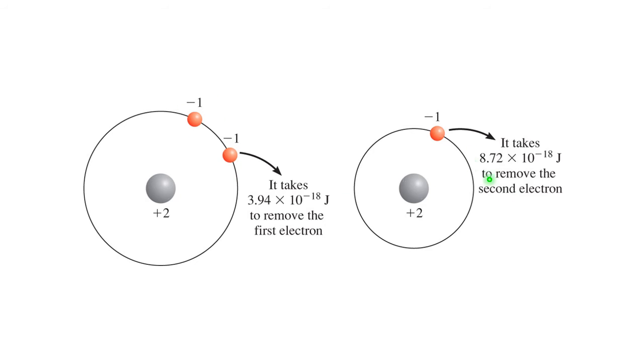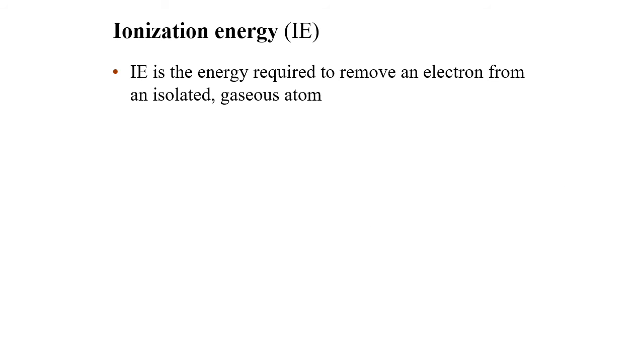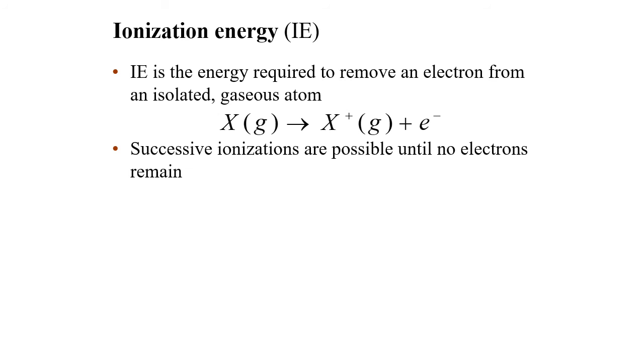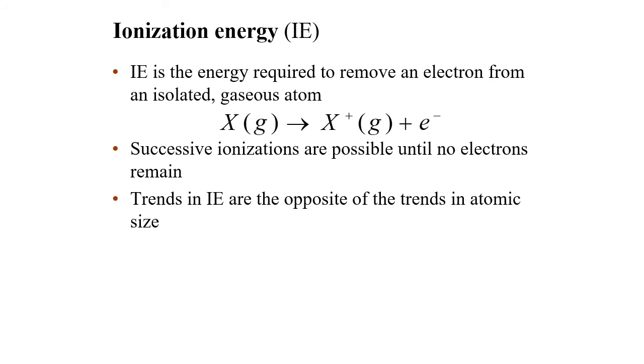To remove the second electron, it takes much more energy because we are removing from a positive ion, and this will be the second ionization energy. Ionization energy is the energy required to remove an electron from an isolated gaseous atom, like that. Successive ionizations are possible until no electron is left.